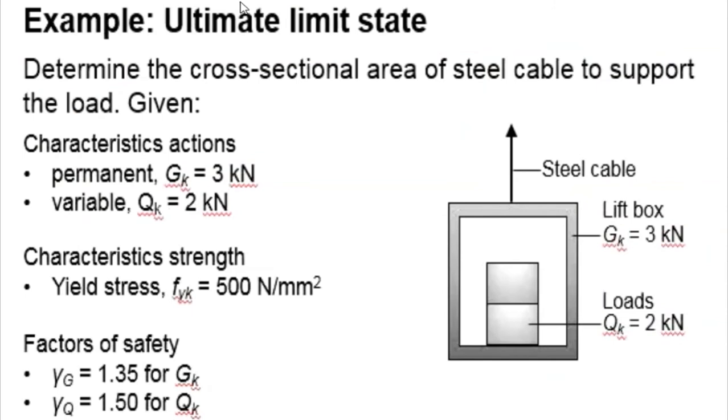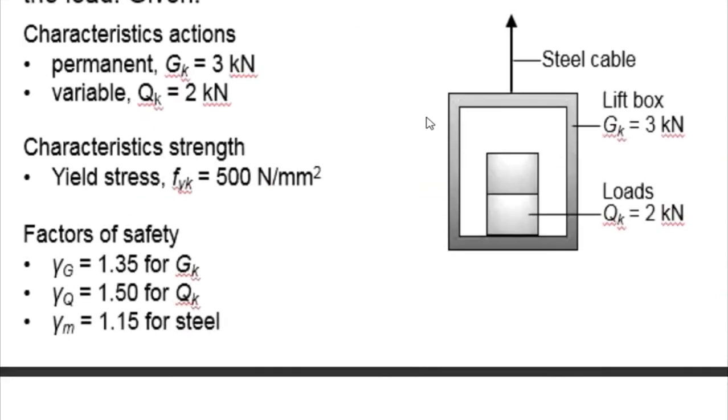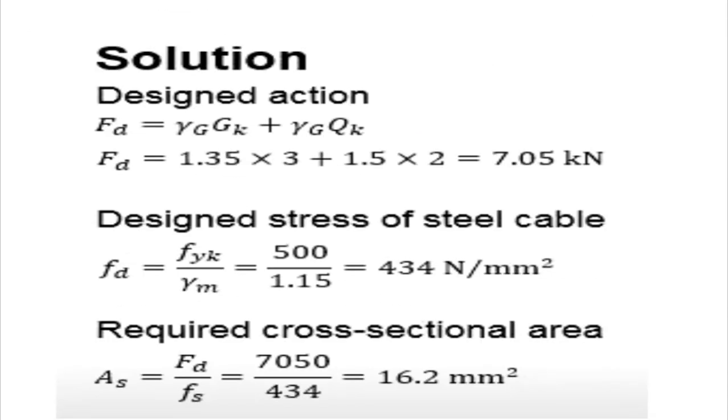Now consider the yield strength of the steel is this value. The other factors of safety, as we said, for GK and QK, depend on the Eurocode. If it is BS, you can use 1.4 and 1.6. Now the solution.